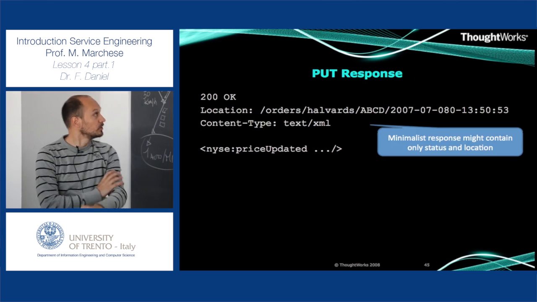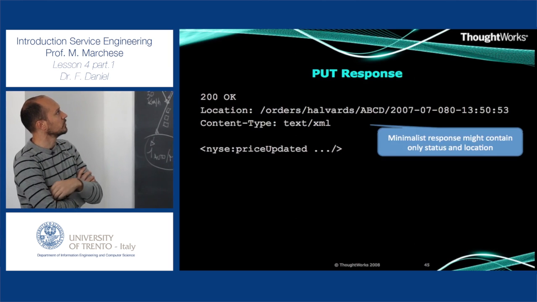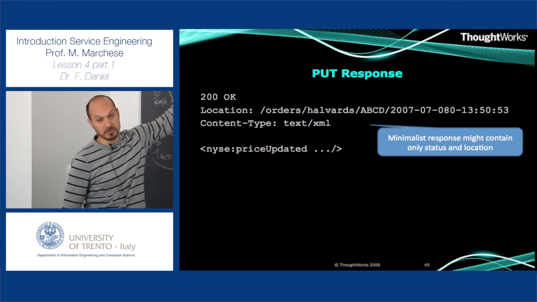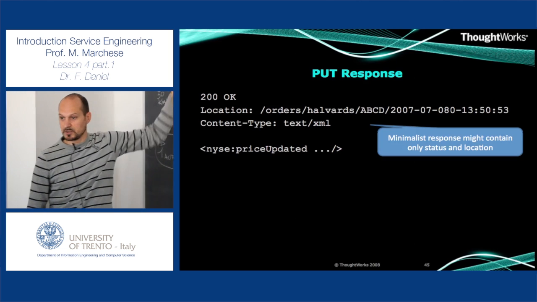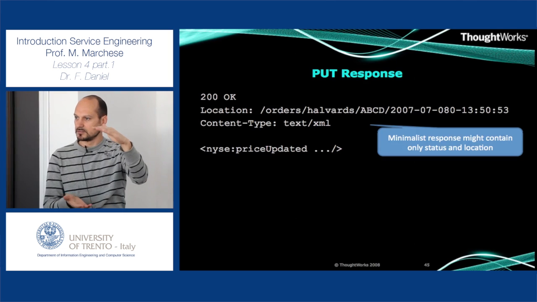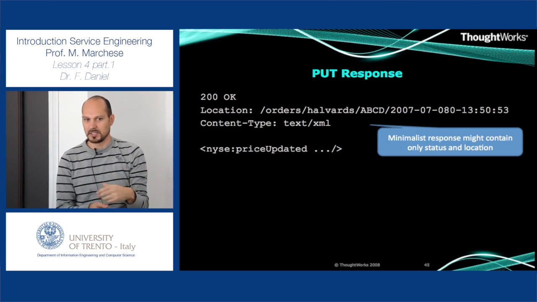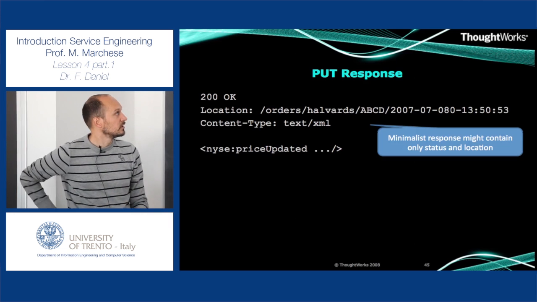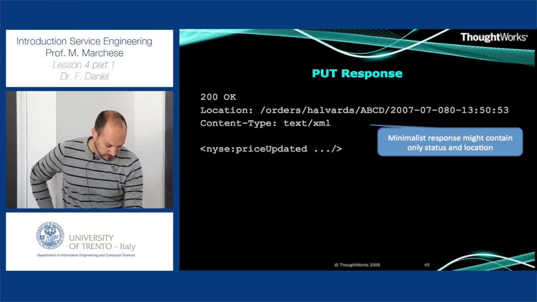The response of a put is, in this case, a 200 OK, the location, and most of the times, but not mandatorily, the response gives you again the representation of the resource you created. So essentially, the same XML that you sent and uploaded.